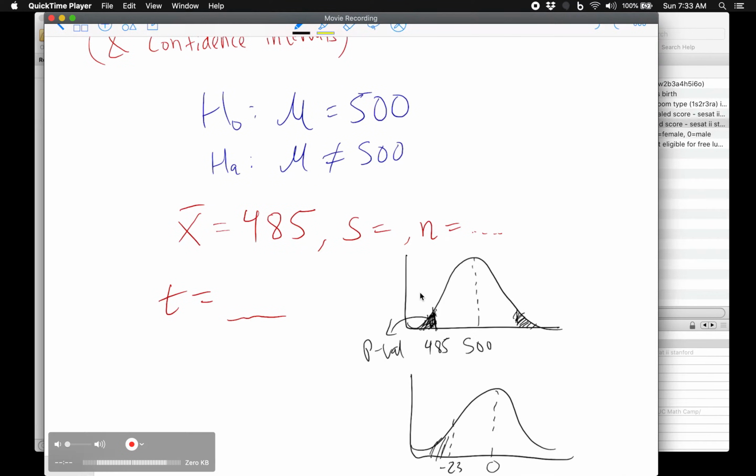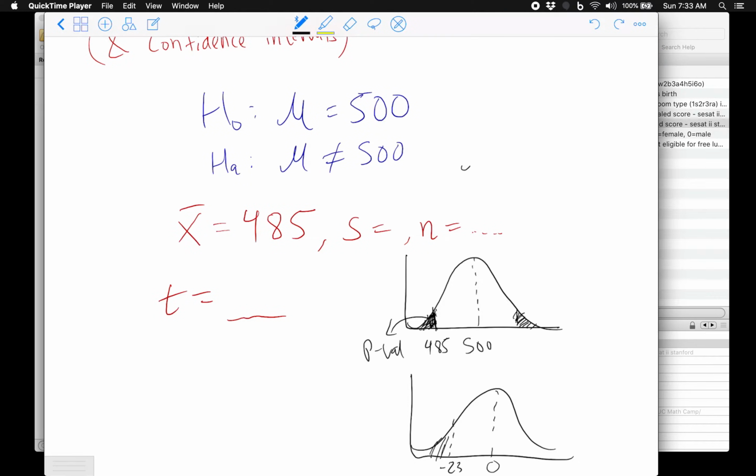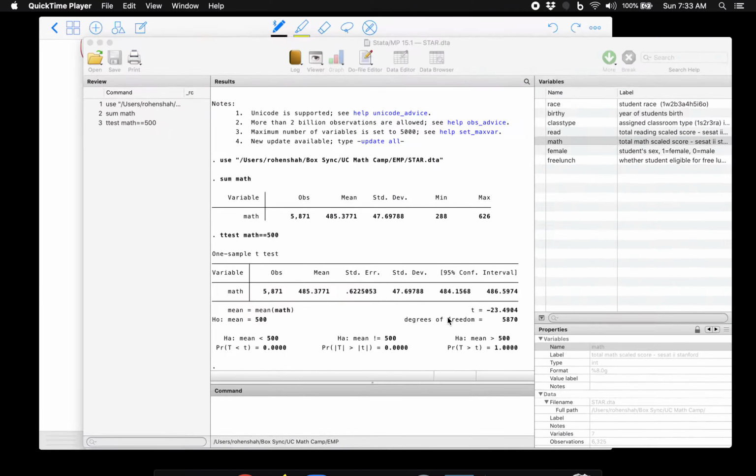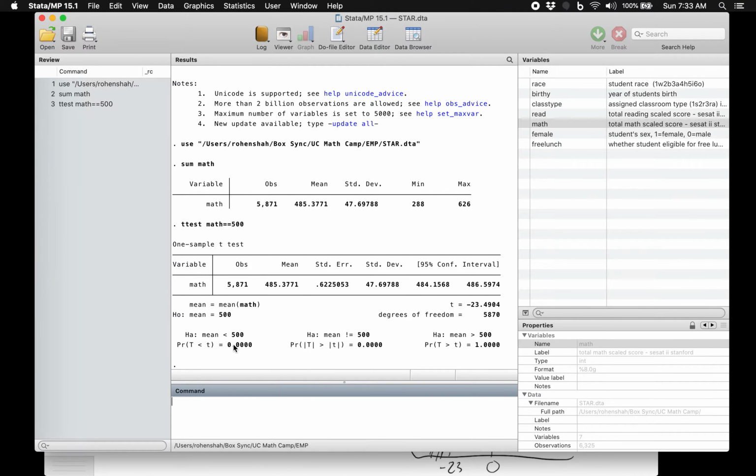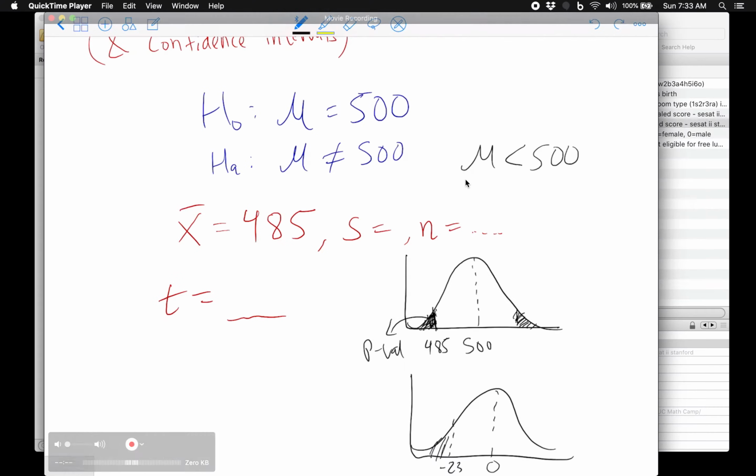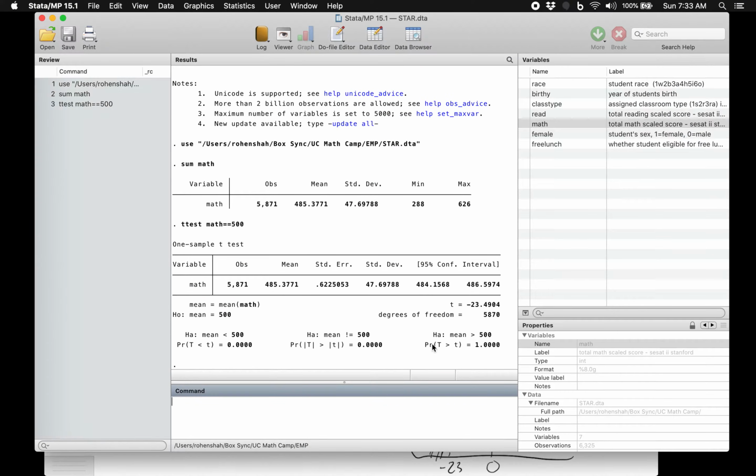But if your alternative was that mu is less than 500, or whatever that number was, then you would use this left p-value, and if it was greater than, then you select this one. That difference between these three is not that important for most high-level data work. But in a very theoretical statistics course, you could look into that difference and choose which one of these. For the most part, if they don't specify an alternative, you just pick the middle one.